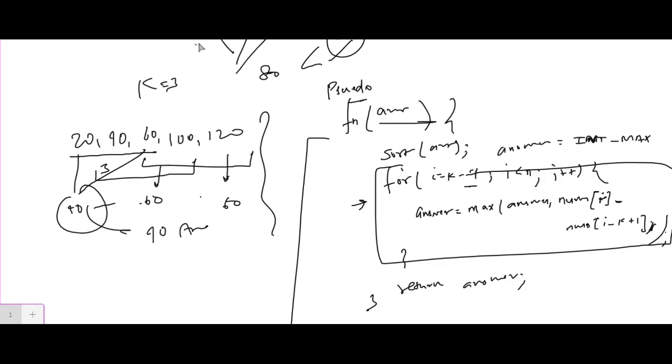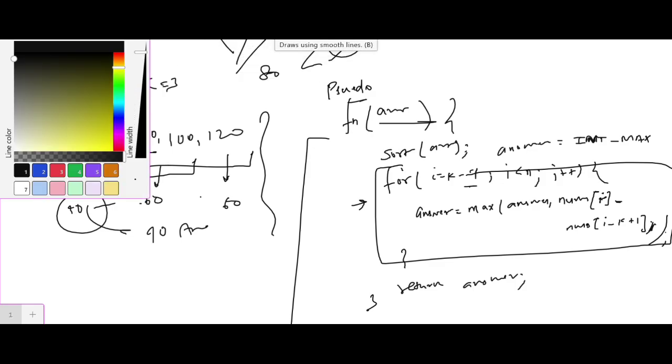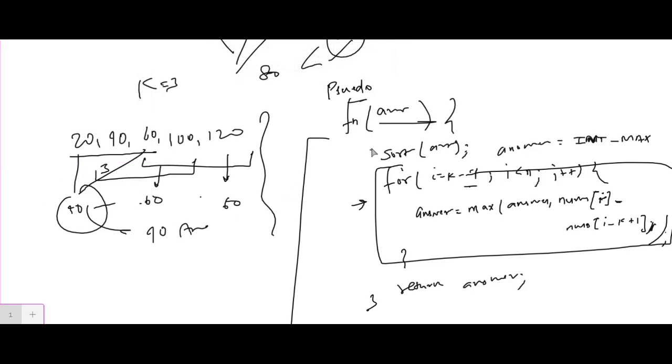Now let's come to the complexity. The inbuilt sorting function takes O(n log n) time, and this loop runs n minus k times, so overall the time complexity is O(n log n).